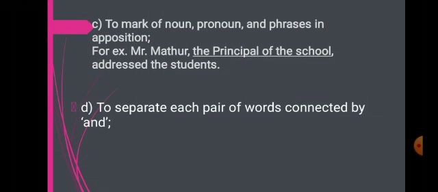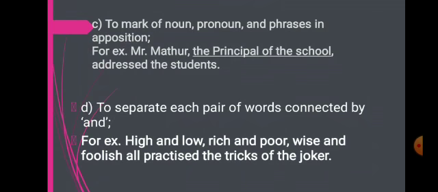In our writing, many a time we use the conjunction and to join two words. So when we have two or three such pairs in a sentence, then to separate them, we put commas. Now example is in front of you: high and low, rich and poor, wise and foolish, all practice the tricks of the joker.